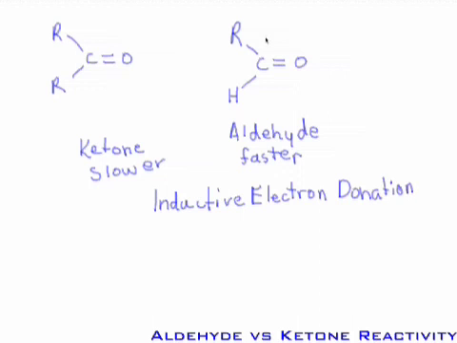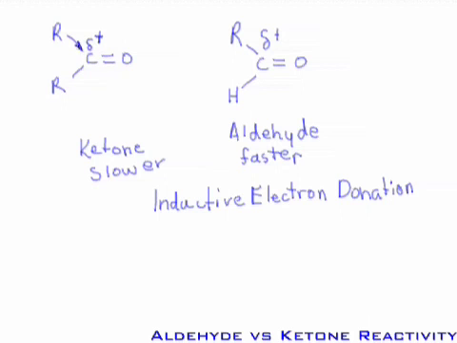Well, it's the delta plus on the carbon. And the delta plus on the aldehyde is going to be larger than the delta plus on the ketone. Why? See, carbon is bigger. R groups are carbon. Carbon is bigger than H, more polarizable, pushes electrons through its sigma bond more easily.